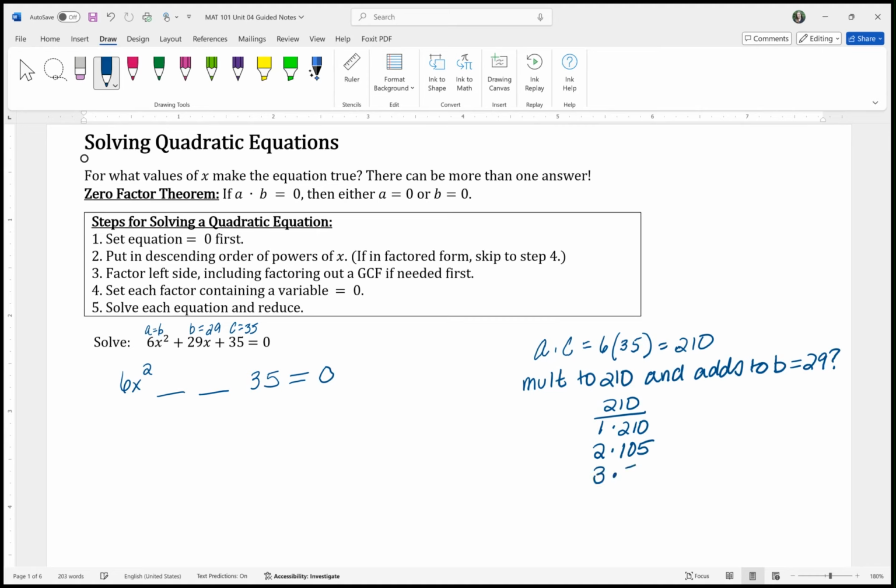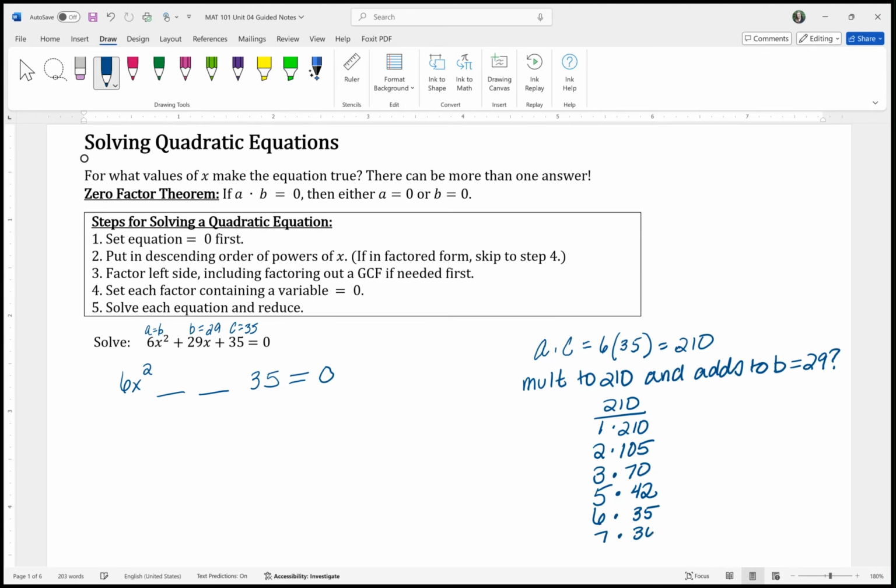That works and gives us 70. Let's look at 4. 210 divided by 4 is 52.5. So because it's a decimal, I'm not writing that one. Let's do 210 divided by 5. That works out to give 5 and 42. 210 divided by 6 is 35. 210 divided by 7 is 30.